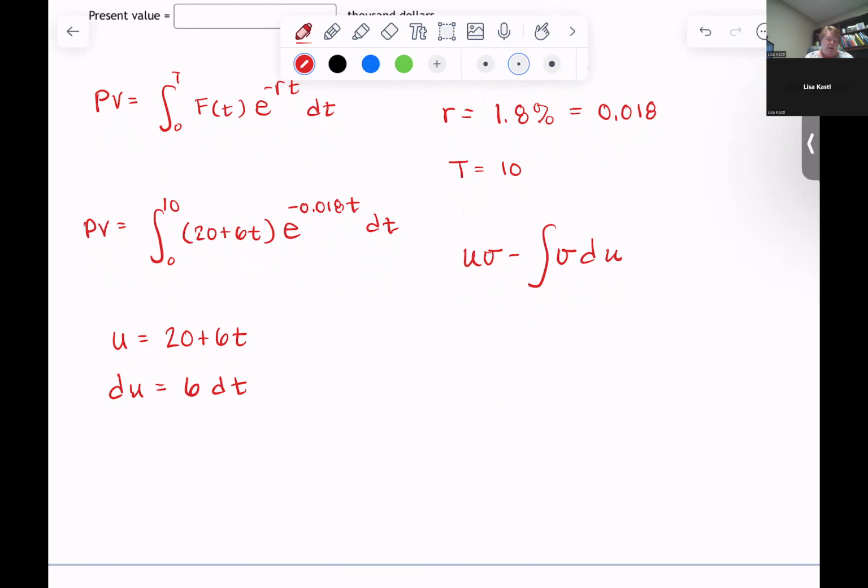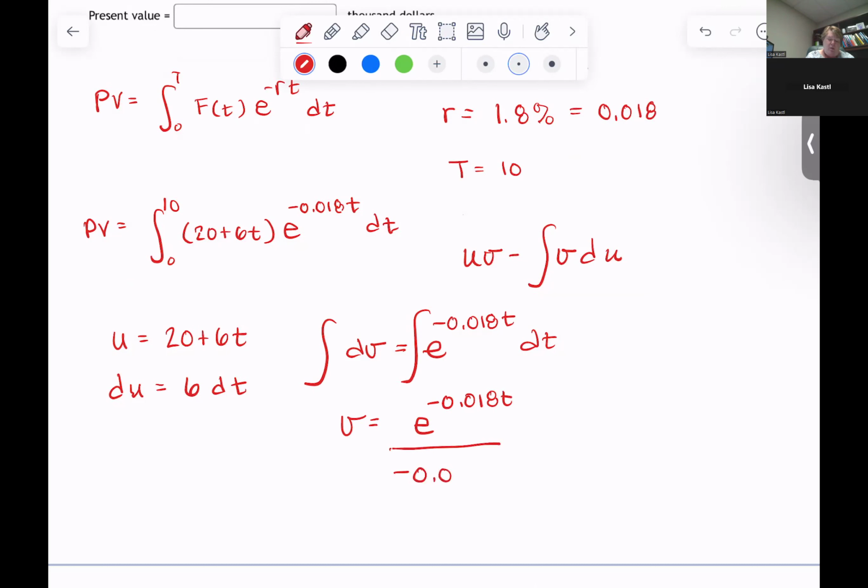Now I need to find v. So I'm going to let dv equal the e to the minus 0.018t dt. And then I'm going to integrate both sides of that to find v. So v is going to be the integral of e to the minus 0.018t dt. That's going to be e to the minus 0.018t divided by negative 0.018, because when I take the derivative of that, I'm going to get e to the minus 0.018t times negative 0.018.